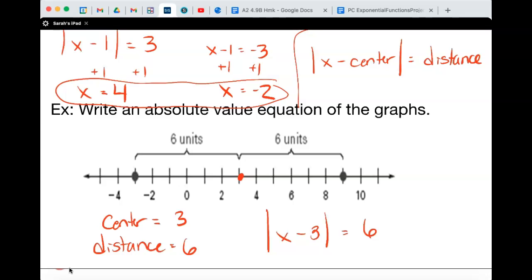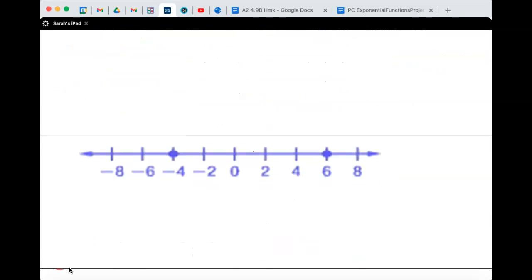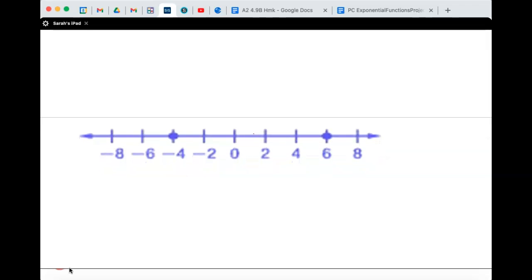Okay. Is it going to say 6 units or is it? You might have to find that. We'll do one like that. So do this one yourselves and see what you get. Figure out where is the center, what is the distance, write it into the absolute value equation.